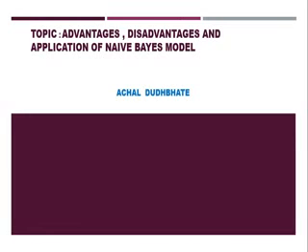Question 3: types of Naive Bayes model. Option one Gaussian, second multinomial, third Bernoulli, fourth is all of the above. Answer is all of the above. Types of Naive Bayes model are Gaussian, multinomial, and Bernoulli.